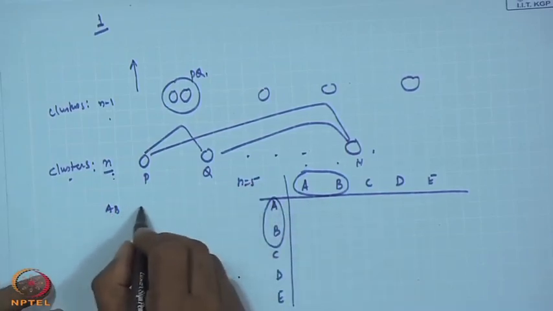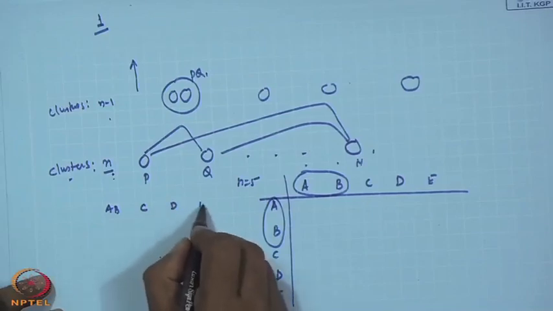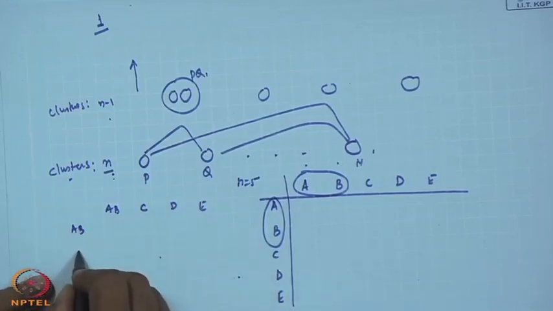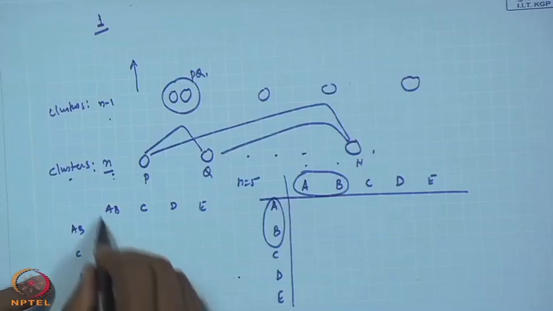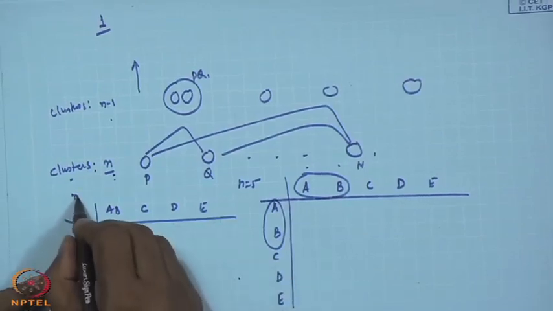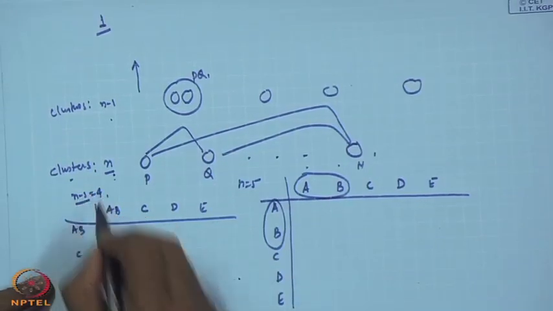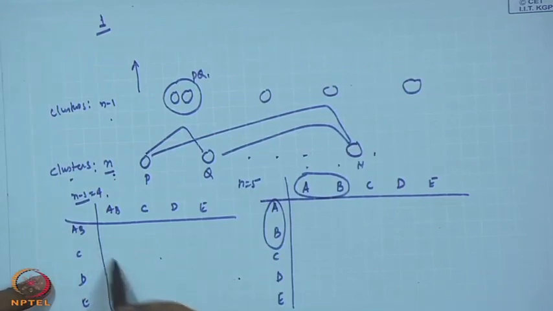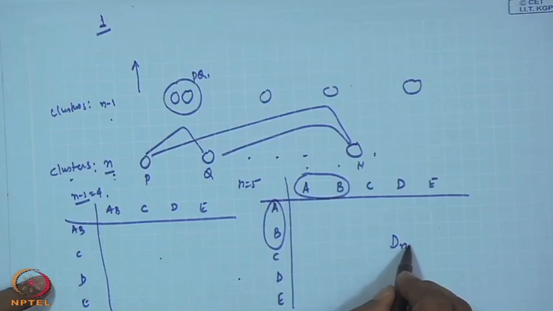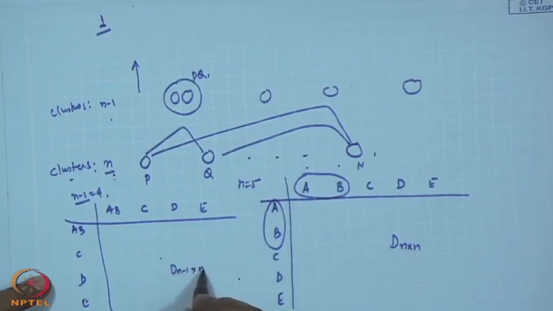These two will be grouped, then C, D, E, then A, B, C, D and E. So now the number of clusters is n minus 1, that is 4. Now, what will be the entries, that means the distance values. The original distance matrix is n cross n, now it will be n minus 1 cross n minus 1.